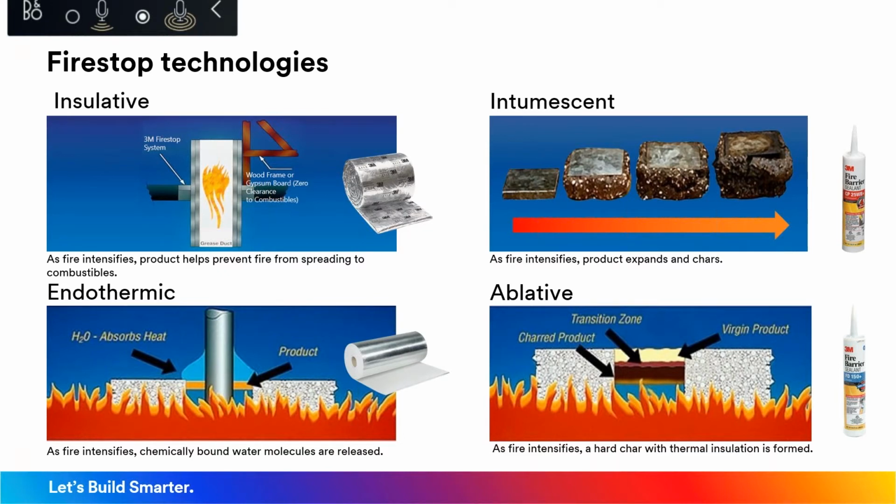For firestopping specifically, when you're thinking materials or caulkings or sealants, quite often you're going to be asked for or need a product that we call intumescent, and that's basically a product that expands with heat. What I'm showing here is a sheet good where you can see the different stages of expansion.